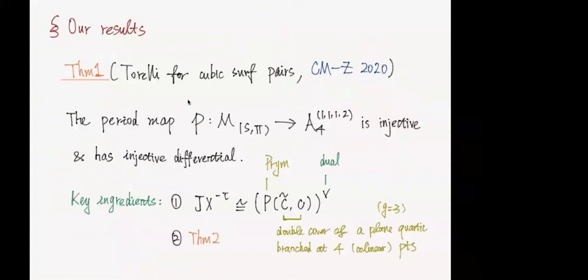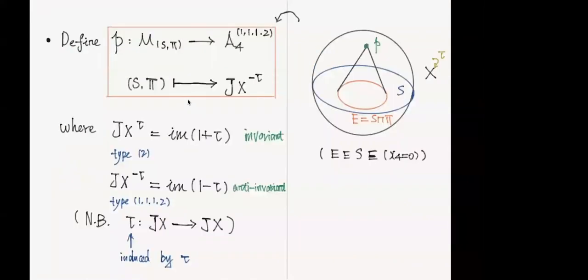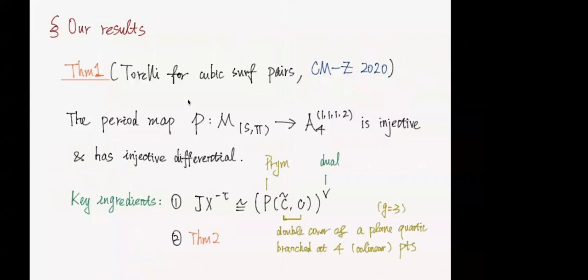Okay, that's that. And then let me state our results. Basically, we proved 2 theorems. The first theorem is the Torelli theorem. We proved that this period map defined in the previous page is injective, and it has injective differentials. Namely, we proved some global Torelli and some infinitesimal Torelli.